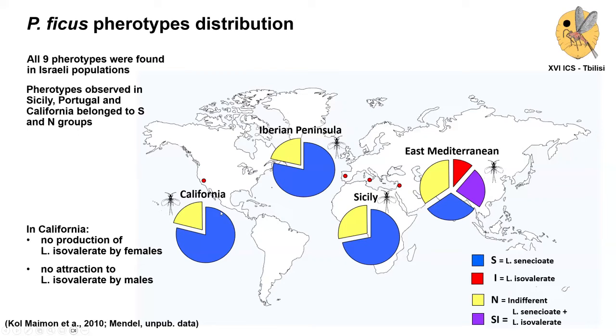And we get that in California as well. And a group that responds to another kind of pheromone. So even though everything's been grouped as Planococcus ficus, we've got these other populations. And we've got populations in California, Europe, and Sicily that don't respond as well to our pheromone all the time.